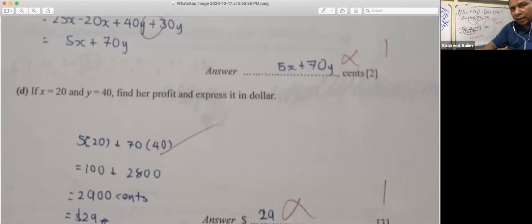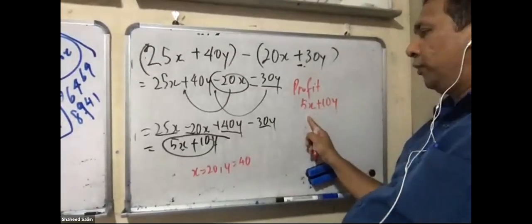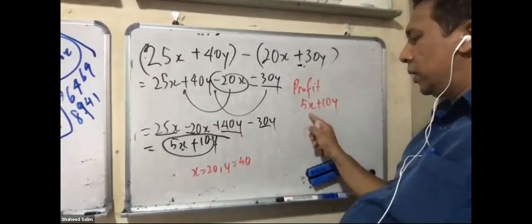And they want it in dollars, so you find in cents first, then make it dollars. The profit is 5x plus 10y, and x is 20, y is 40. So what's the answer?